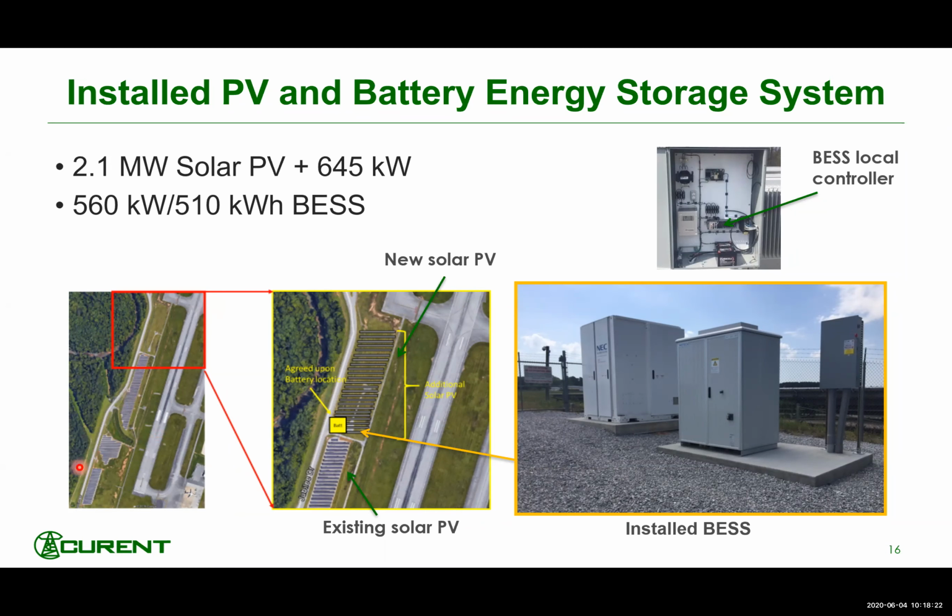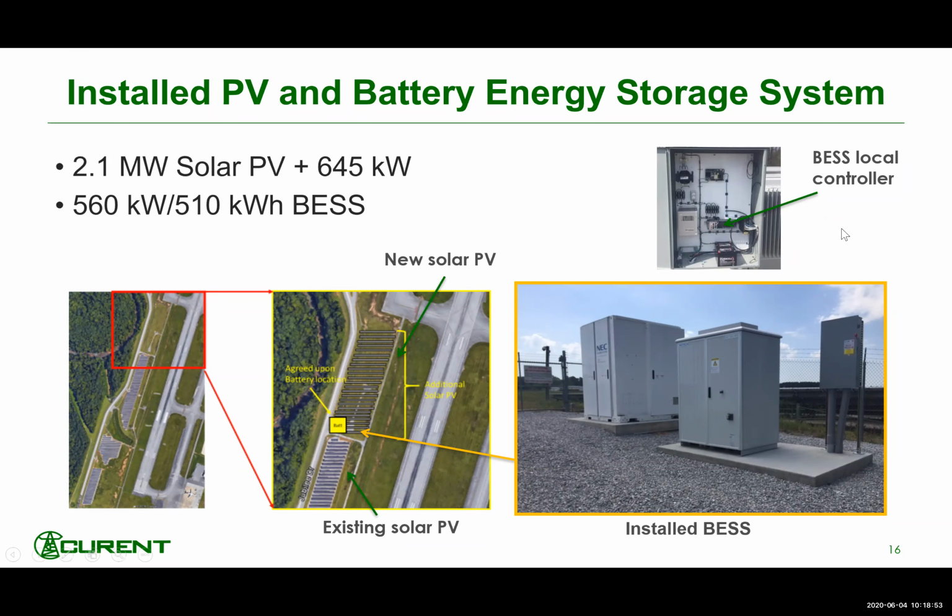This is phase 1, 2.1 megawatts of solar PV, and right now we added another 600 kW of solar PV. And the 560 kWp battery is installed here, still along the runway. And also we have the battery controller installed just beside the battery for control purposes.